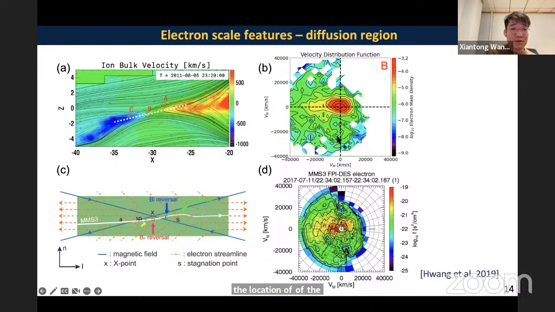So we extracted at relatively the same location, and you can see not only the shape of the distribution functions are close to each other, but the range of the velocity is also about the same, which is roughly from minus 40 kilometers per second to 40 kilometers per second.